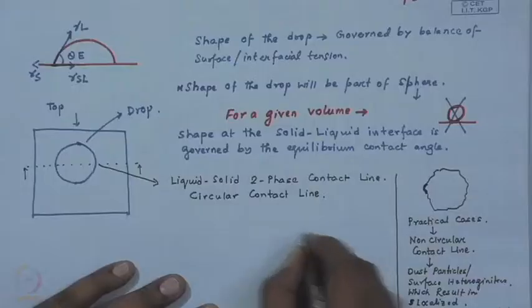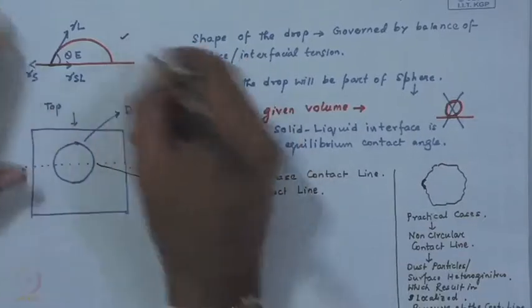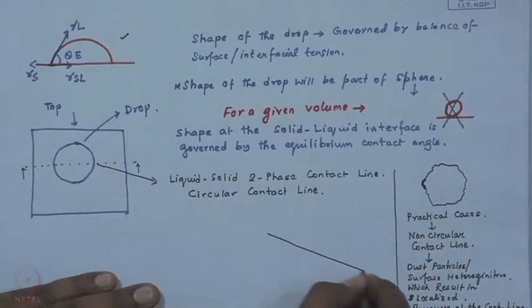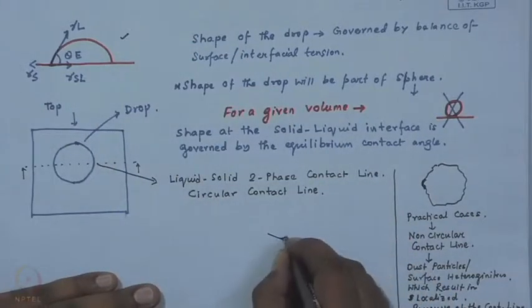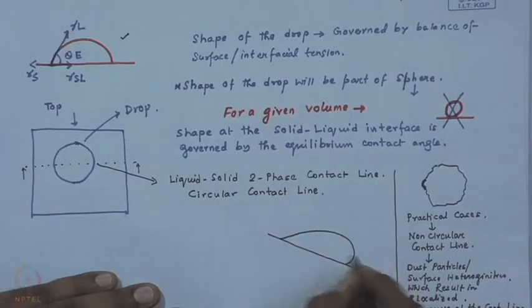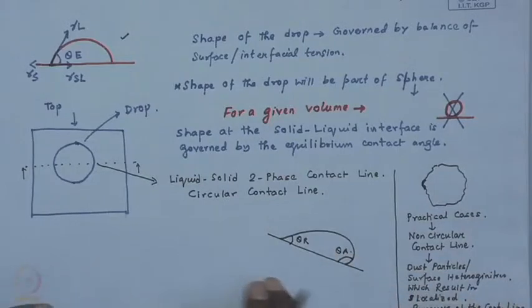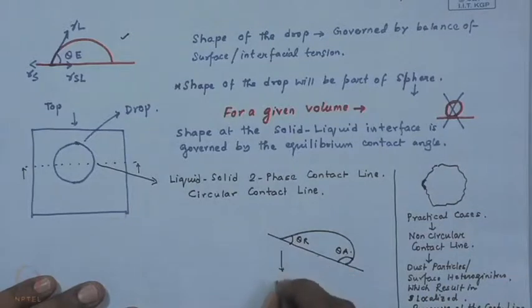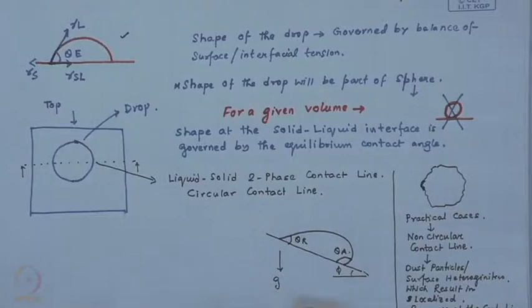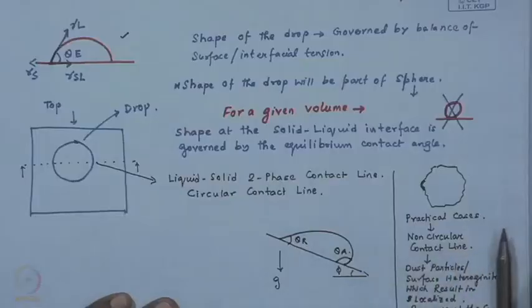So, you take a drop like this and gradually tilt the surface, and you see that as soon as you tilt the drop, it does not flow, though the reality is that if g is acting in this direction and you have an angle phi making with the horizontal, the moment you tilt a drop, there is now a net force of g sin phi on this drop.